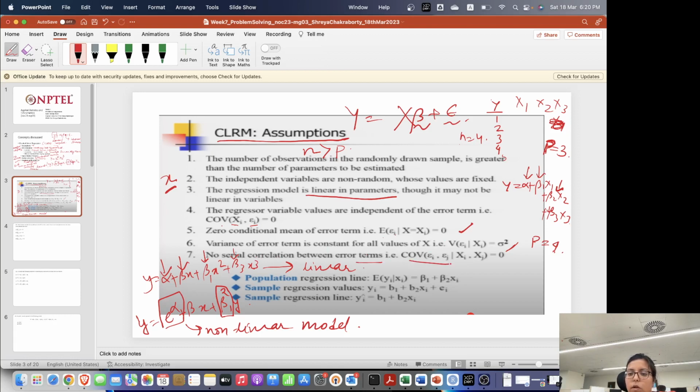So the covariance between any two error terms should also be 0.